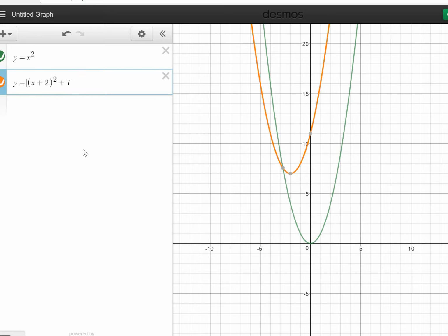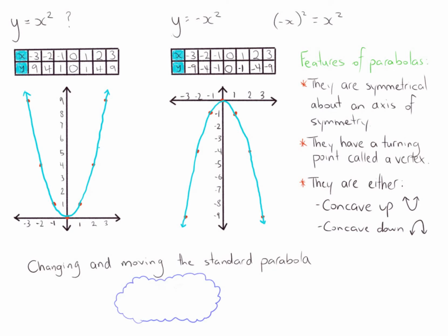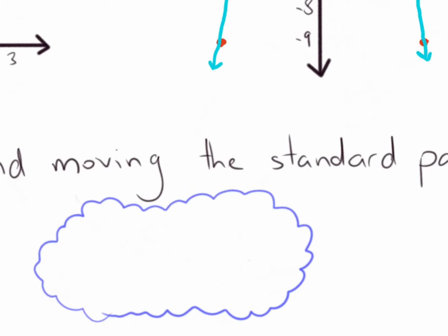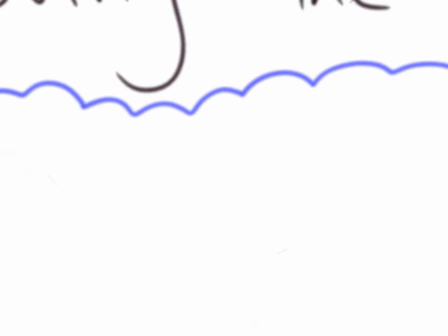Alright, so let's go back and write some notes to summarize. Changing and moving the standard parabola. So if we start with y equals x squared, that is our standard parabola.